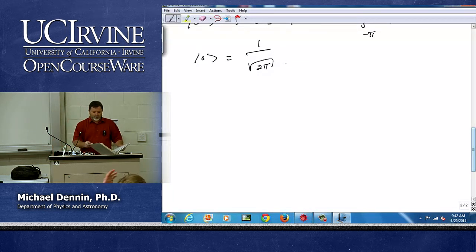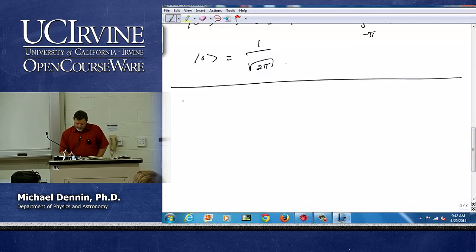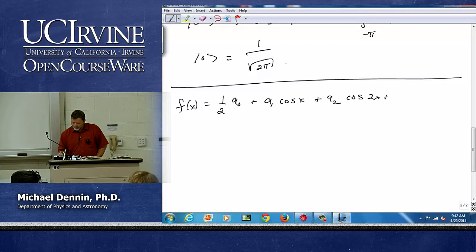Now, if you go to the book and you look it up, the book will tell you that the sine-cosine Fourier series for f of x is 1/2 a0 plus a1 cosine x plus a2 cosine 2x, and so on.